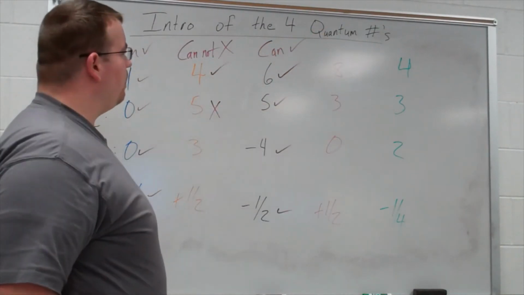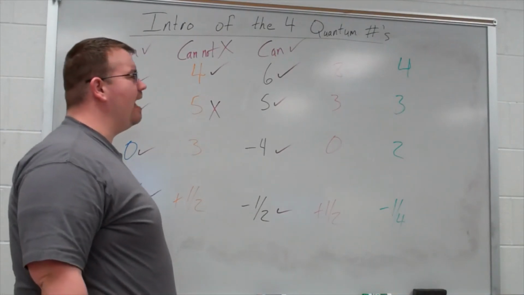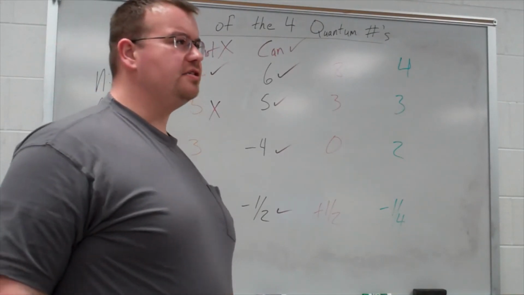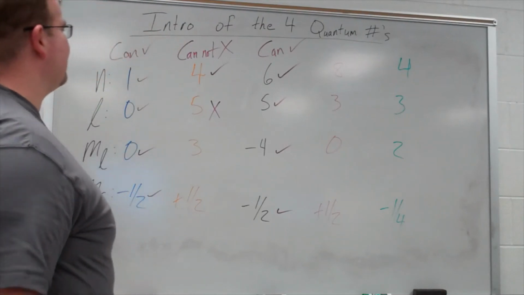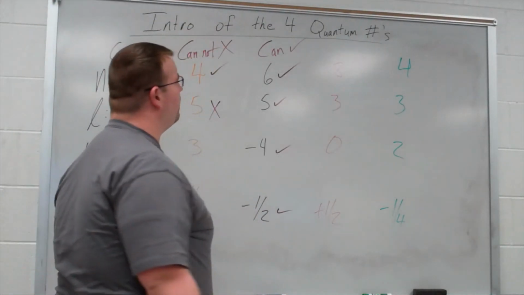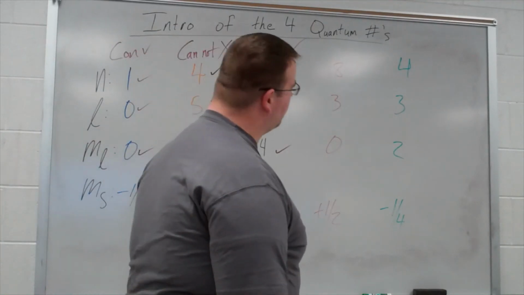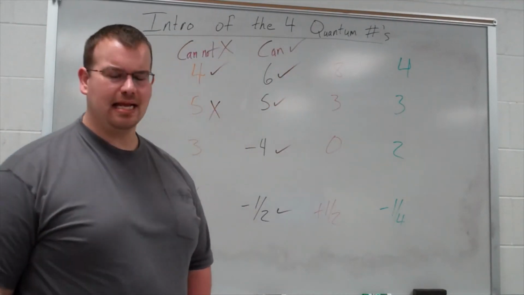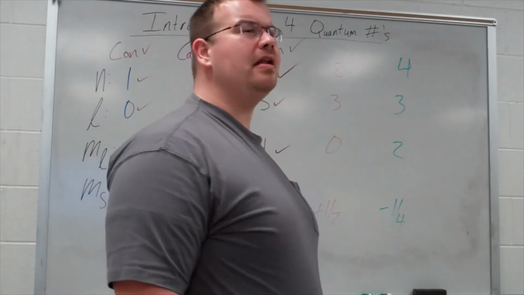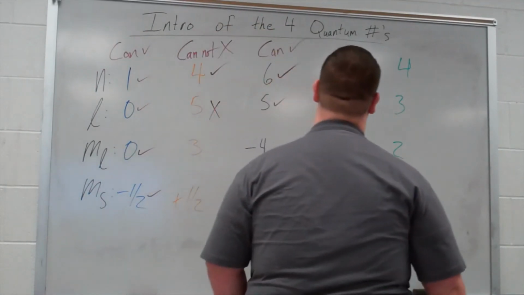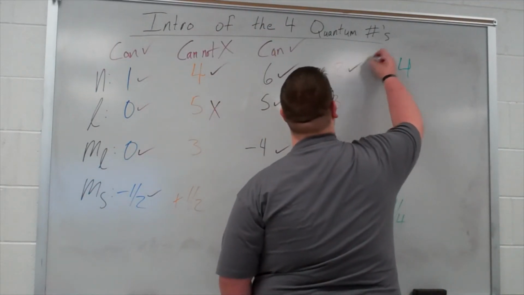Alright, let's look at the set of numbers in red. We're going to start off. n is 8. Can the principal quantum number be 8? Hopefully you're screaming no right now, because n can never be 8. It can only be from 1 to 7. That's where we stand right now within science.